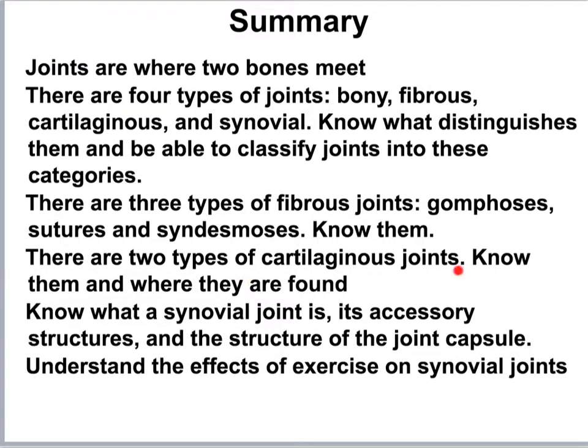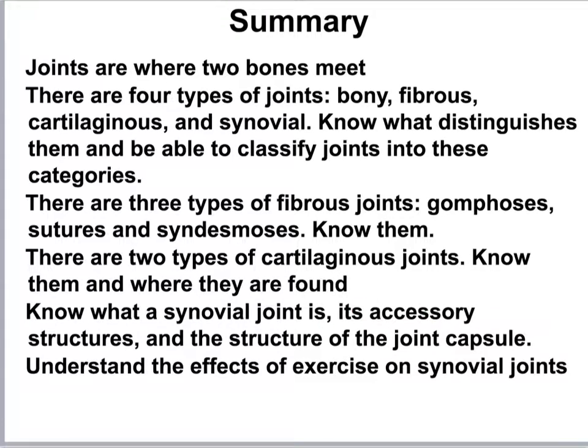There are 2 types of cartilaginous joints: synarthroses and symphyses. Synarthroses are usually temporary. Symphyses are extended structures. They're permanent. You should know where they're found. You should know the differences between them. You need to know what a synovial joint is.